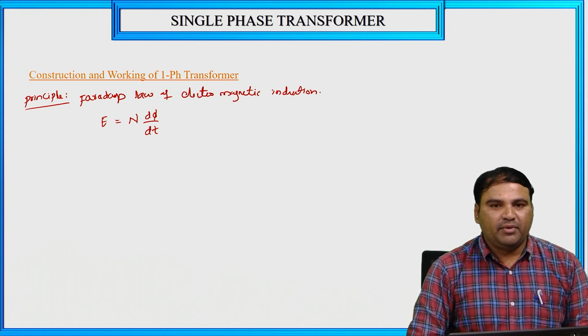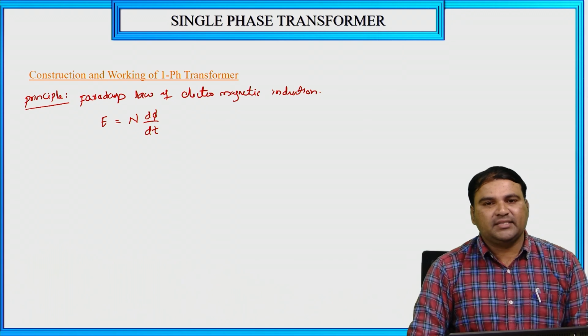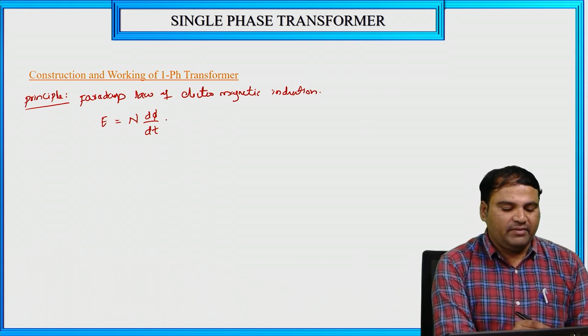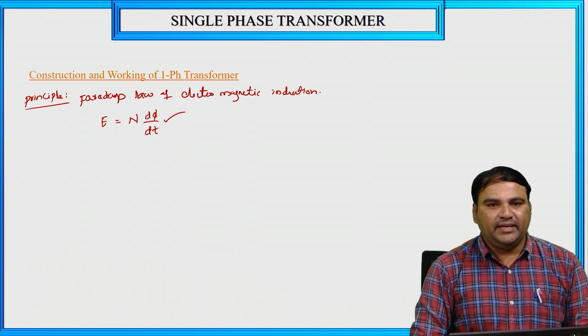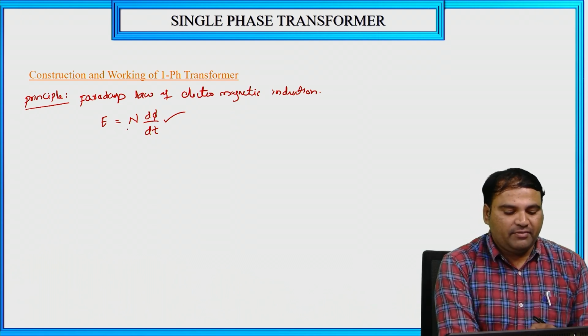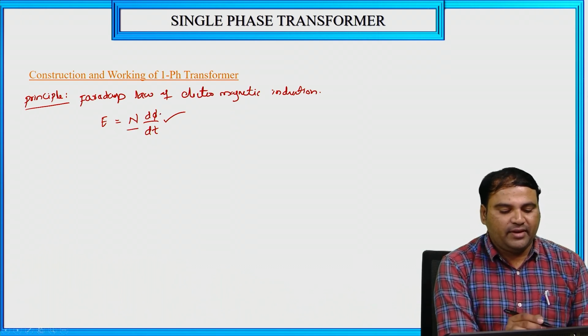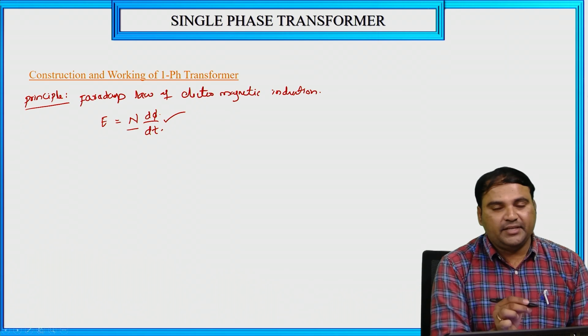The electrical power is transferred from one circuit to another circuit without changing its frequency, according to Faraday's law of electromagnetic induction, that means the mutual induction between the two coils. In the EMF equation E equal to N into d phi divided by dt, N is the number of turns, d phi is the change in flux, and dt is the change in time.